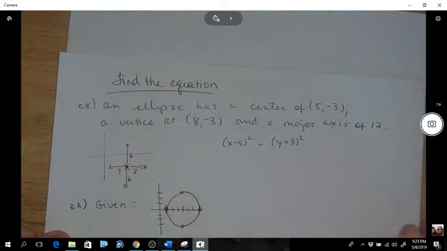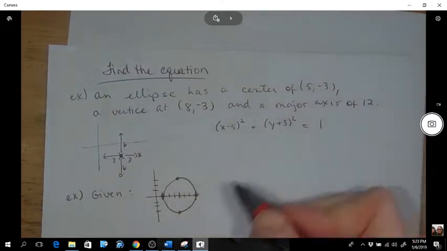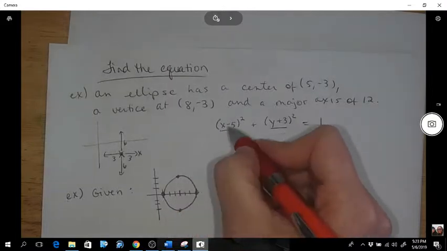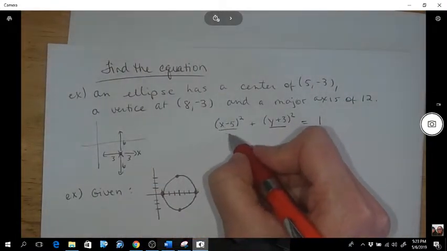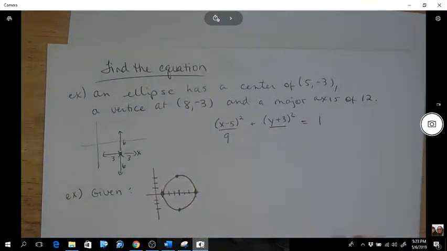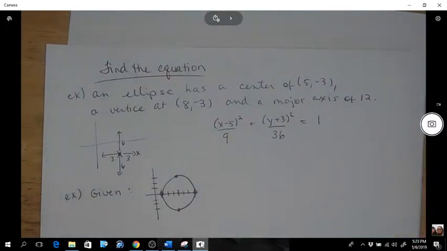So there's my center part. Okay, and it always equals 1. So now I just have to fill in the missing piece. So the x, we determined moved over 3. So we're going to put a 9 there. And the major axis was 12, so we went 6 and 6. So then I put a 36 there.